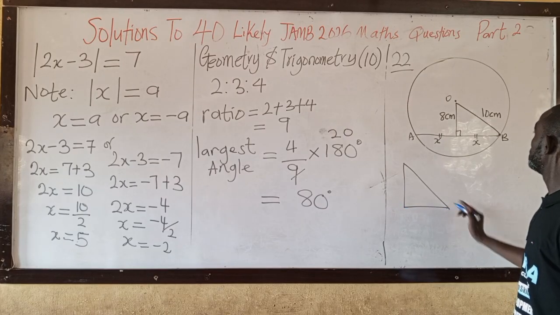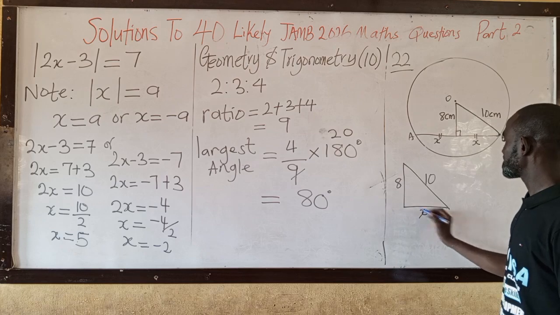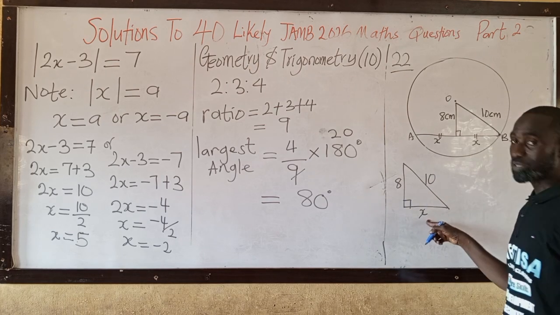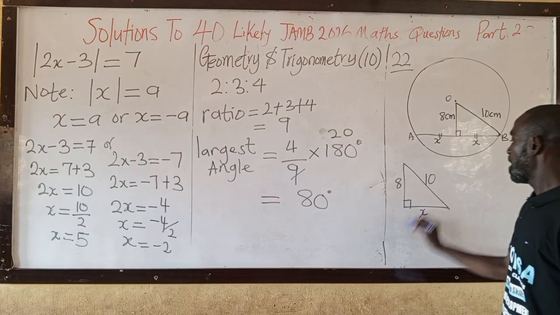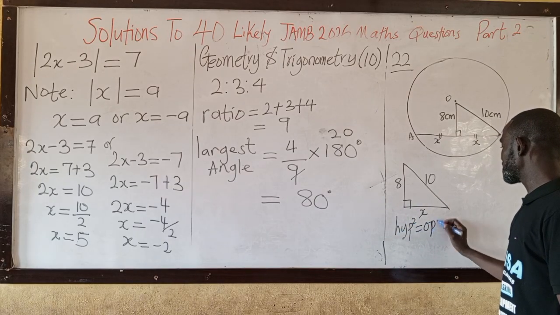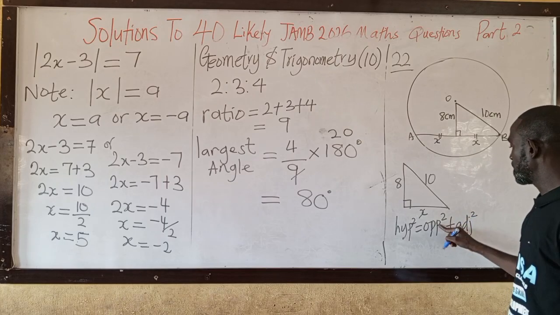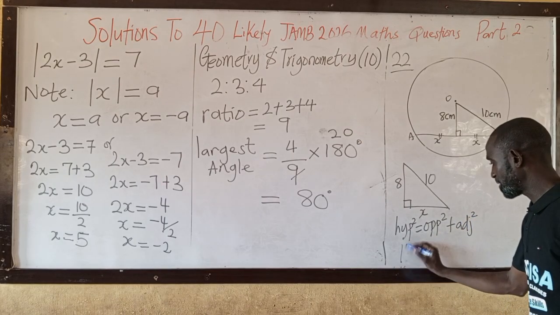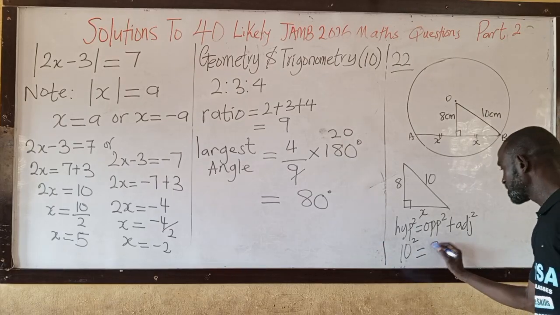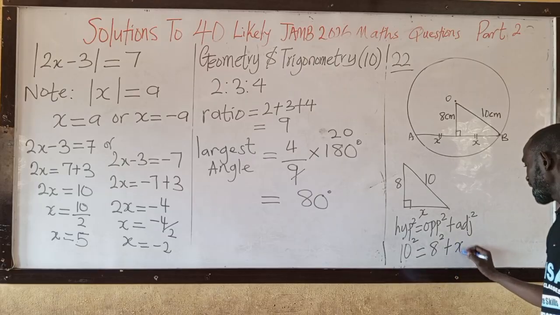If I bring the triangle out, we have 10 here, 8 here, x here. 10 is the hypotenuse, and this can be the opposite. Hypotenuse squared equals opposite squared plus adjacent squared. So 10 squared equals 8 squared plus x squared.